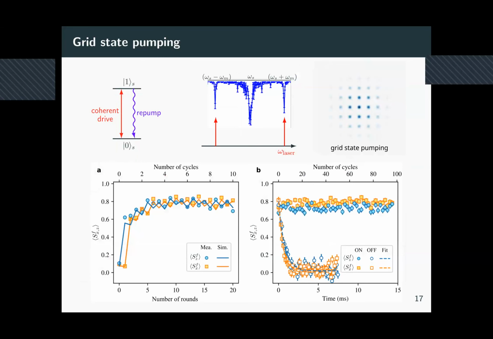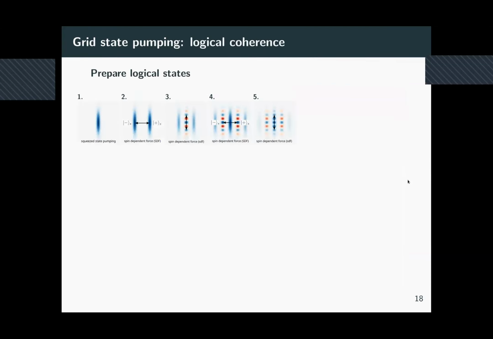When we applied this in the experiment, we see that the state quickly converges into this manifold, and here we plot the stabilizer values. Here we see that if we prepare a GKP state, it decays out of the manifold, but if we continue to apply the sequence, we just stabilize. We also check the logical coherence of these states.